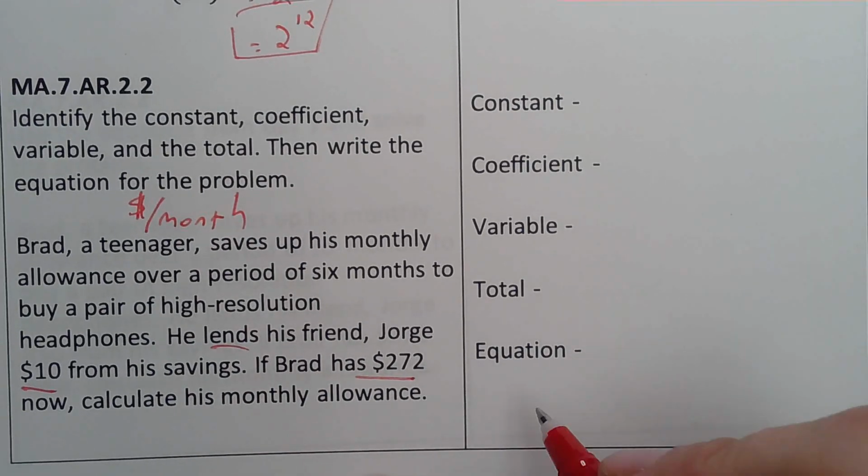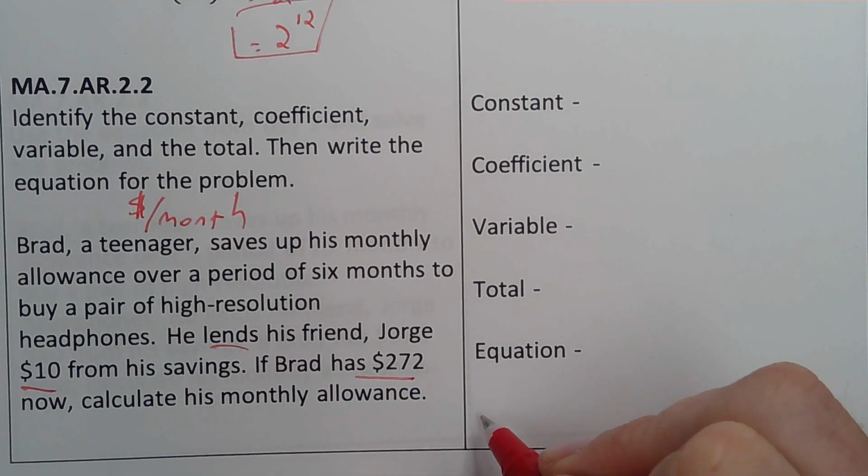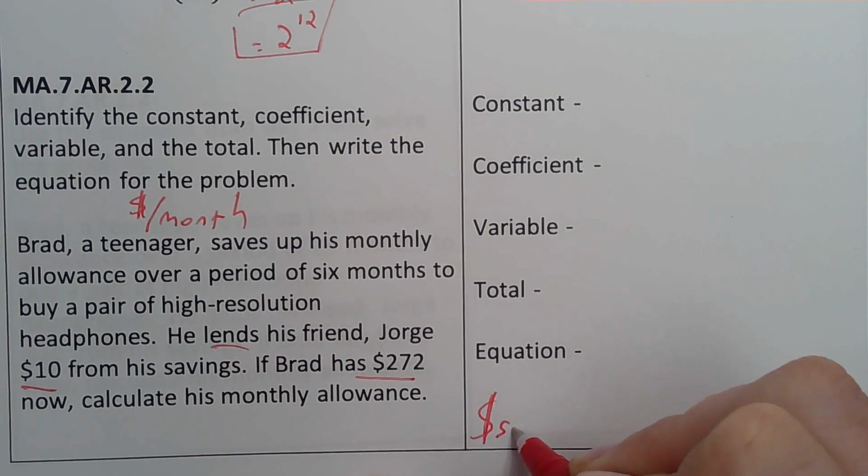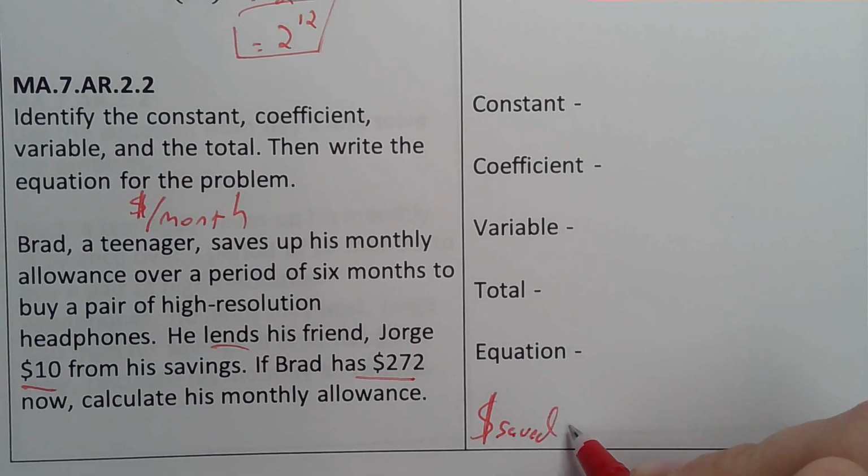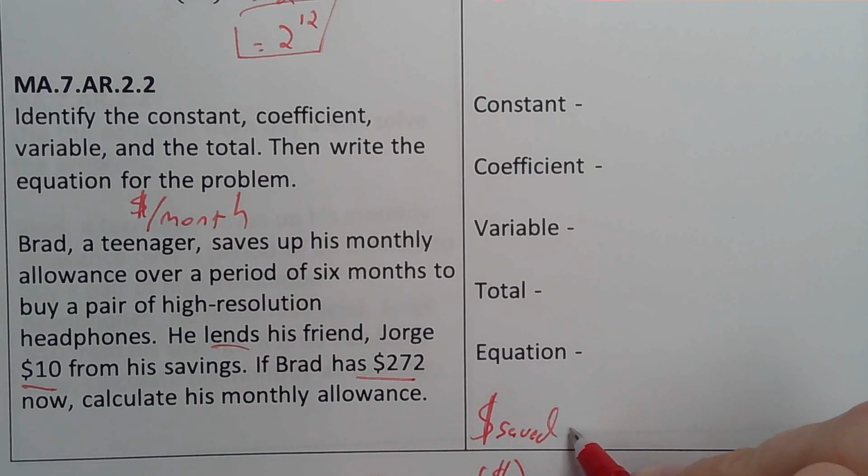If you think about it, let's say this is the money saved, and that's going to be in dollars. Okay, equals his allowance, which is going to be in dollars per month.